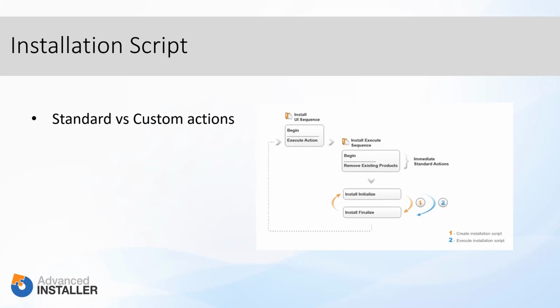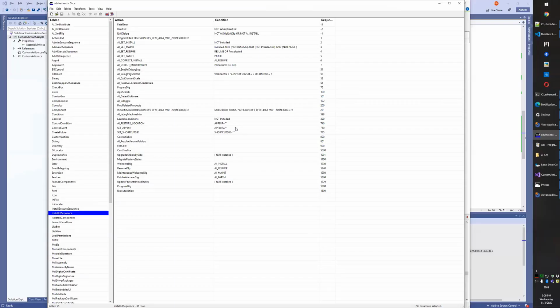These actions are the same for every Windows machine, so you don't need to write any code that instructs the OS on how to install a file or a registry key. This is why we call them standard actions and not custom actions. Custom actions are the ones for which you actually write the code and instruct the code what to do at every step. So let me give you a quick example of how an MSI looks.